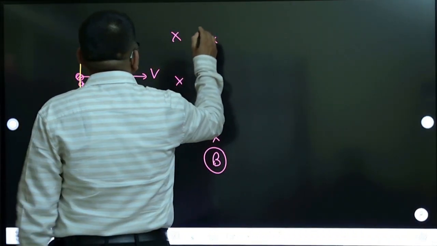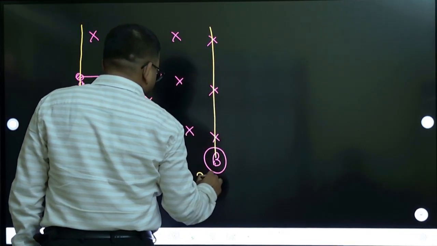So let us say this is x equal to a and this is x equal to b.